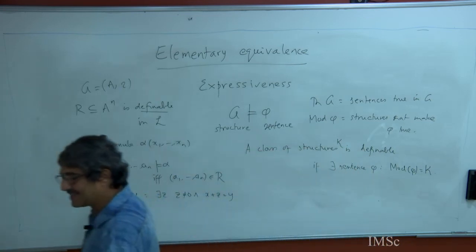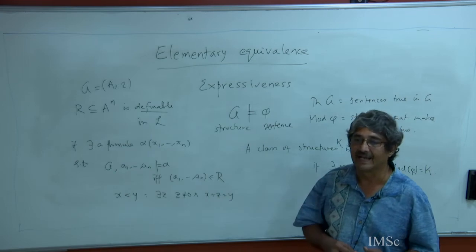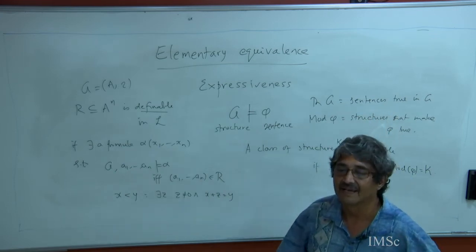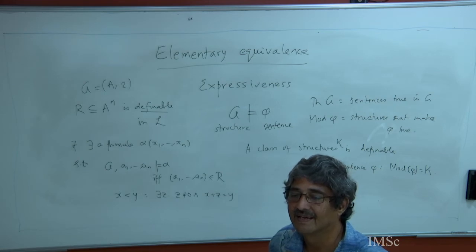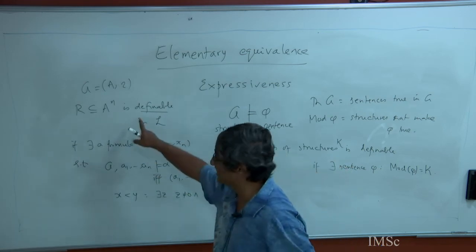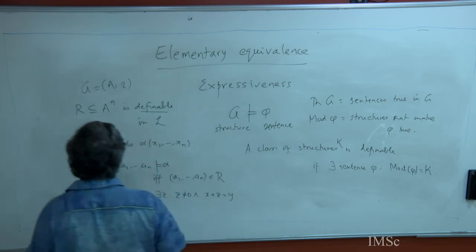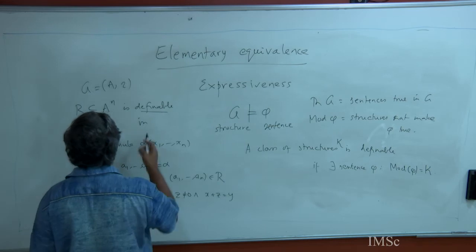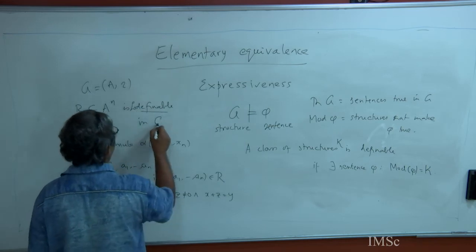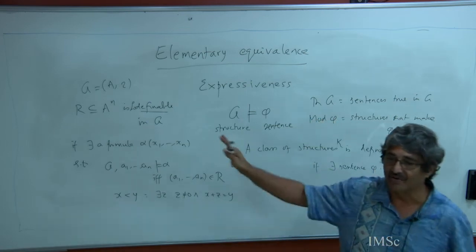Now, as I said, there are lots of examples like this. Sir, over here, definable in L? So we have a fixed language. No, this is definable in a structure. I'm sorry, this is important. This is definable in the structure, relative to a structure.